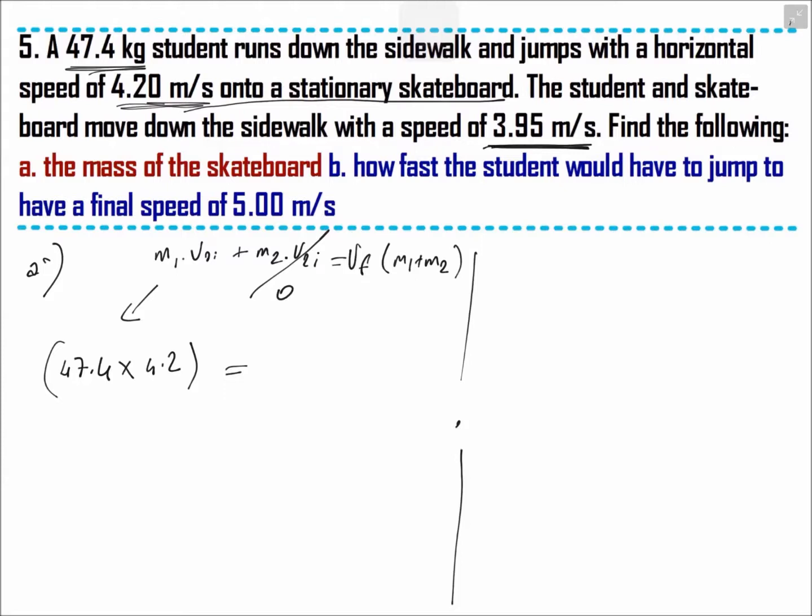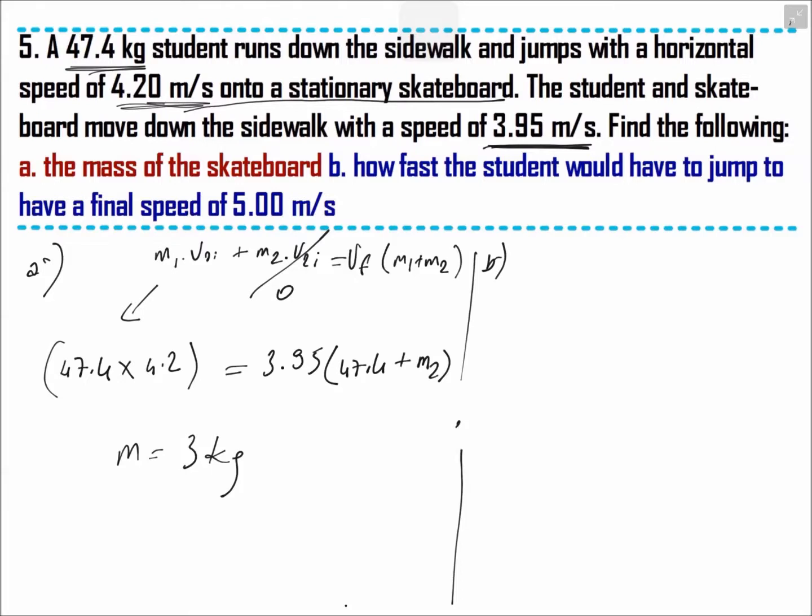And v final is given, 3.95, times m1, again 47.4, plus m2, that is the mass of the skateboard. If we divide both sides by 3.95 and move it to the other side, m2 will be 3 kilograms.